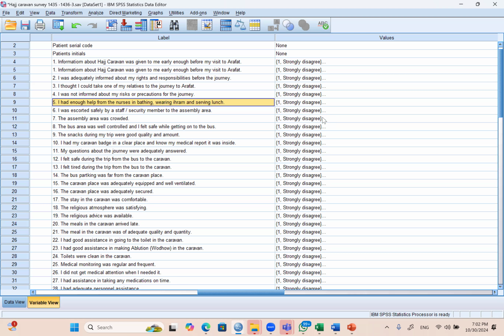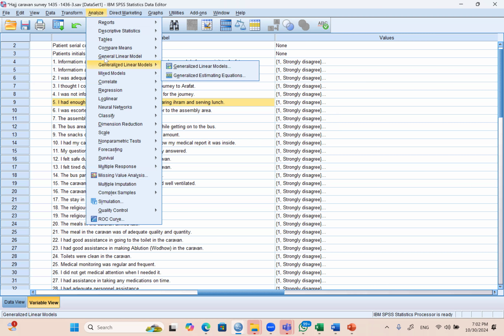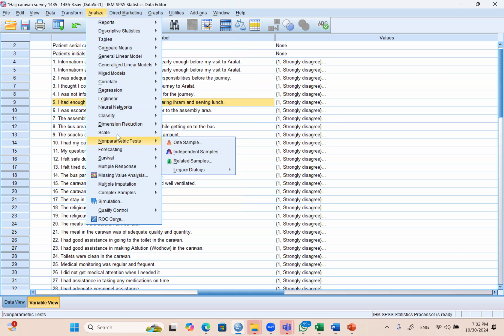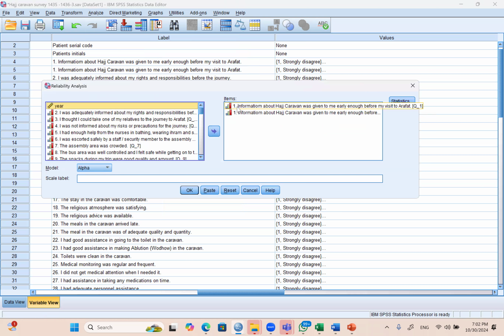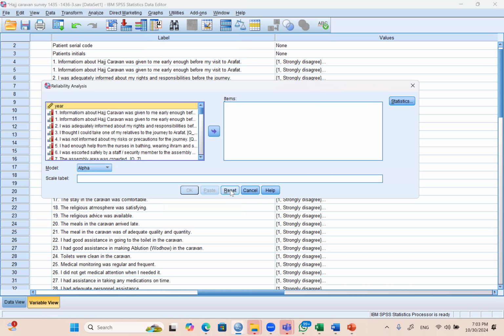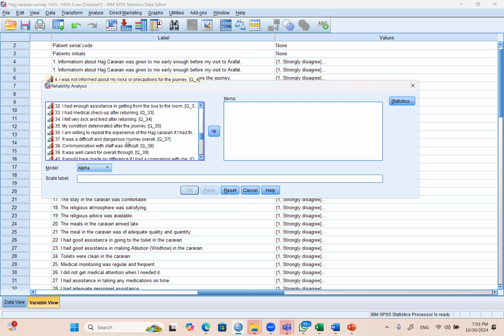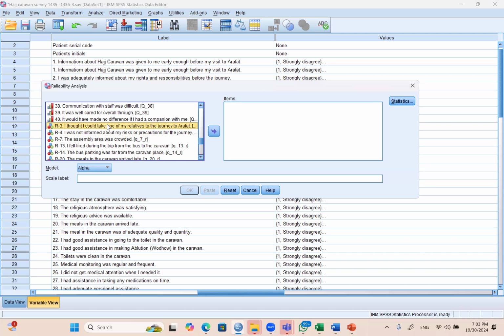Now, we can measure this in a very simple way, more or less like we did before, but here we're going to concentrate on something else. Here we go to scale reliability. This time, we're not interested in intra-class correlation, so we're going to totally reset the system. I'm going to show you a trick. Some of these questions were positive and some were negative.